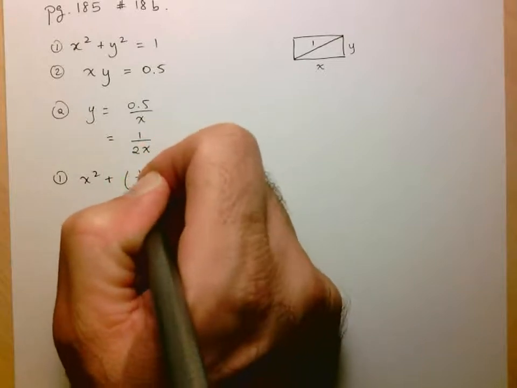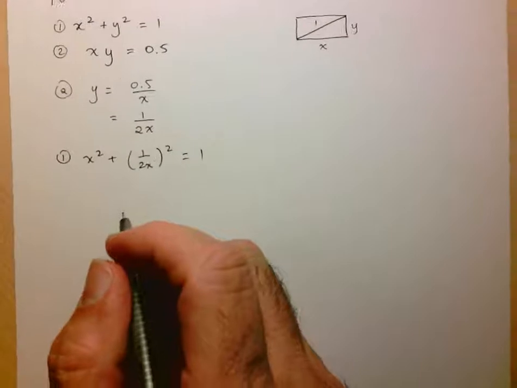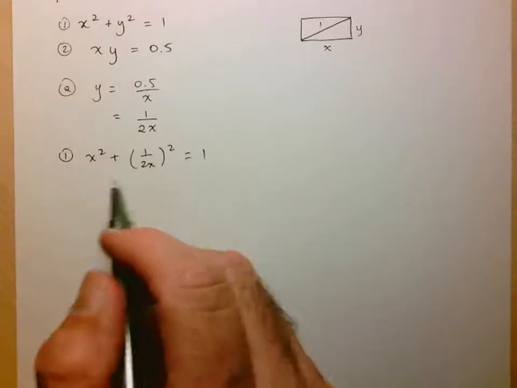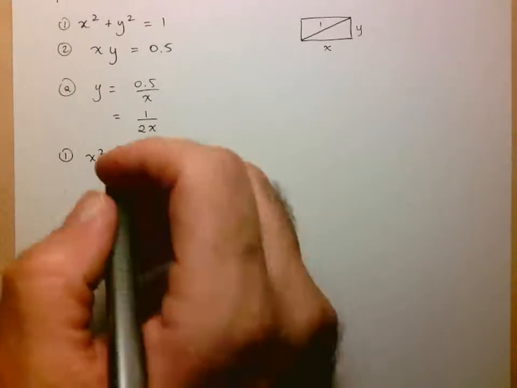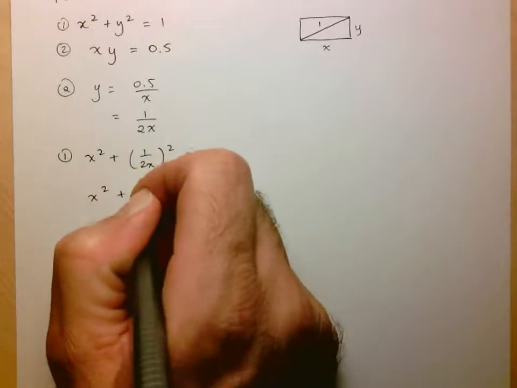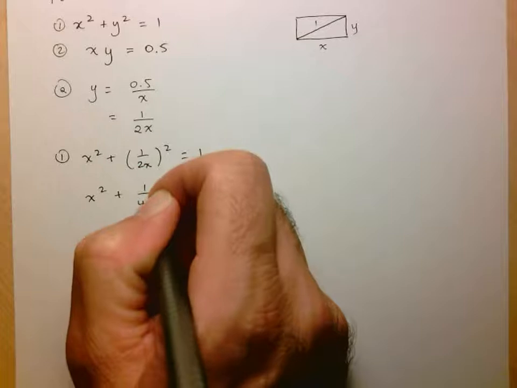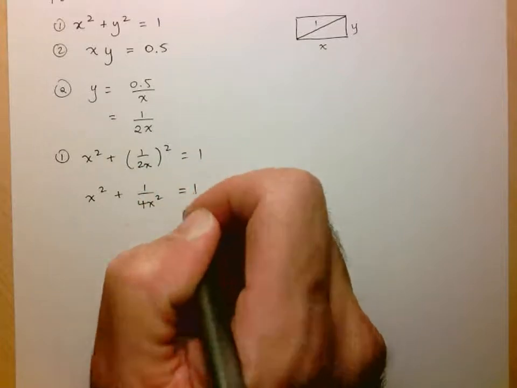So 1 over 2x, squared, is equal to 1, and now I've got an equation in one variable that I can solve. It looks like a rational equation, so let's use our methods for that. First I'll simplify: 2x all squared is 4x squared, so 1 over 4x squared plus x squared equals 1.